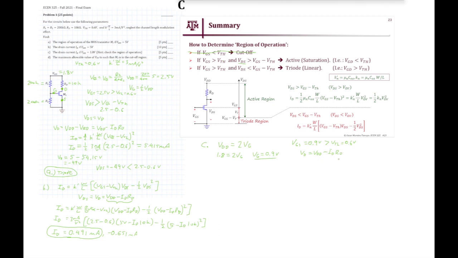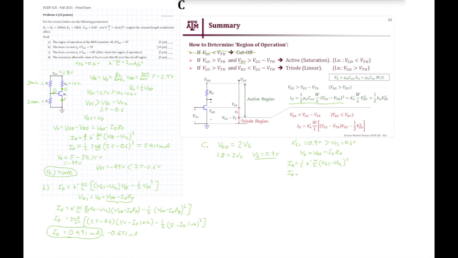And that means we have to solve for I. So we're going to use the active region equation for I again, which is I is equal to 1 over 2 K prime W divided by L times VGS minus VTH squared. And this is ID.